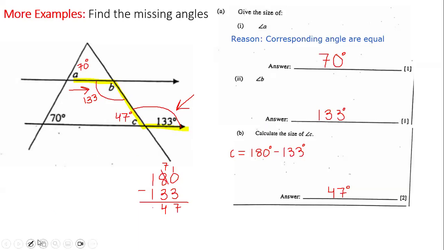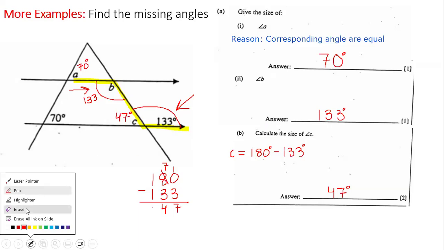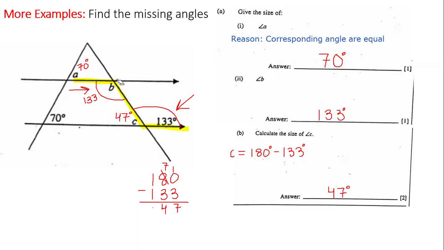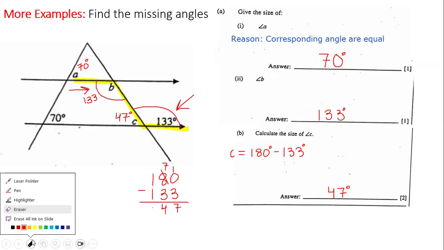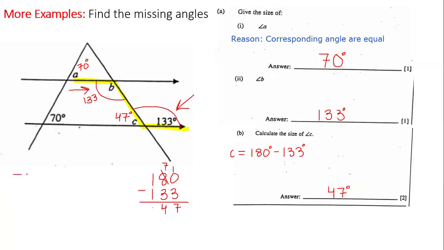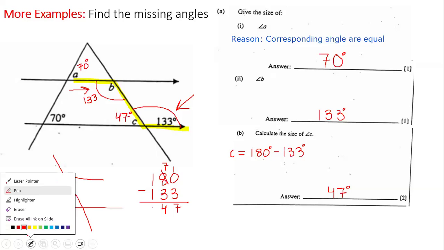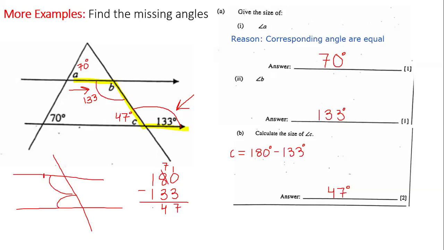No, see? There are different ways to skin a cat. Here I show you that you could do alternate angles. But what we also have here is co-interior angles, because if you look at it, the C shape is forming.